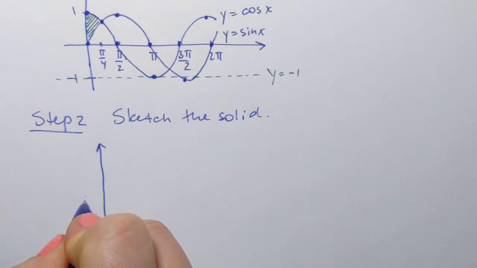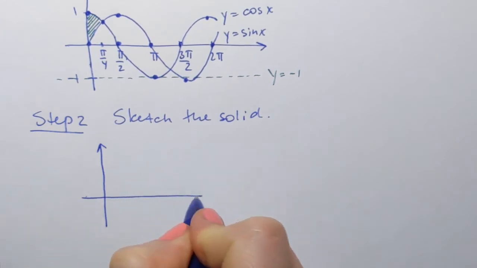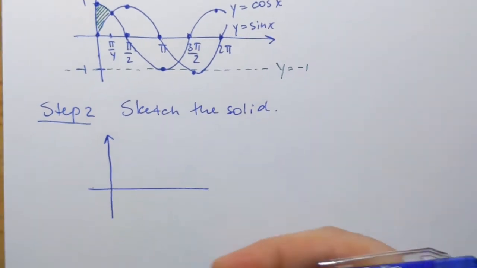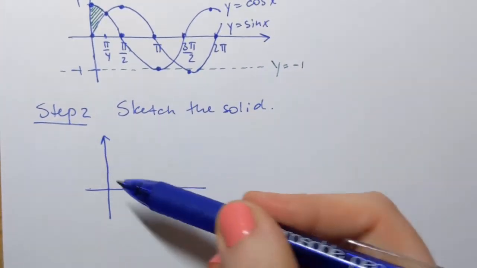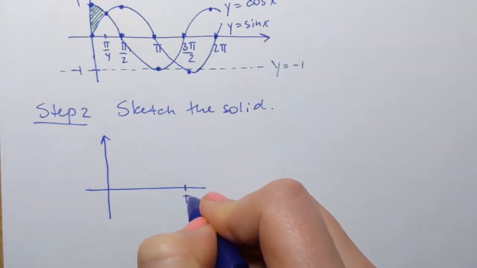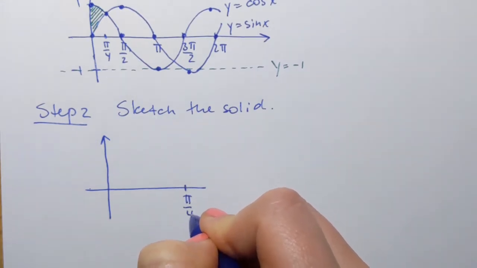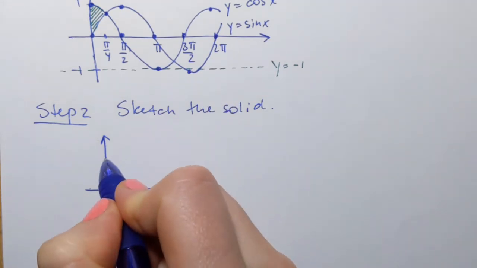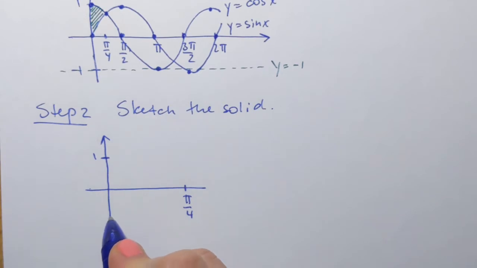So I'll sketch like this. I know I'll be reflecting it or rotating it about y equals -1, so I will have more below, so I don't need much space above here. So I'll say pi over 4 in my new sketch is right here, so I will enlarge the scale. And that's +1.